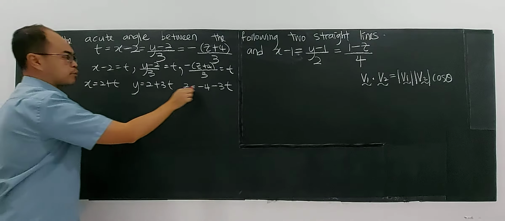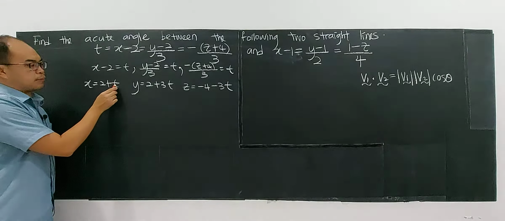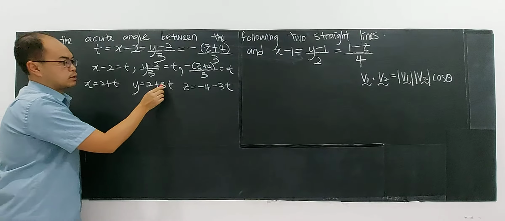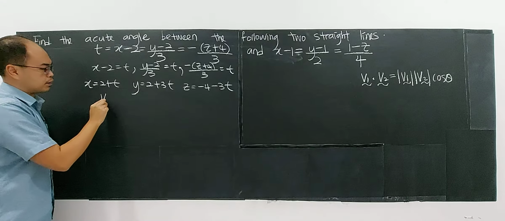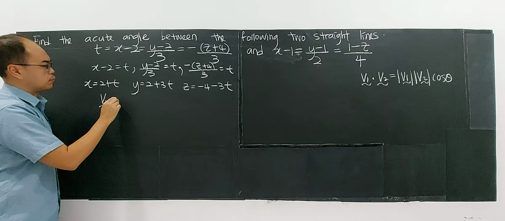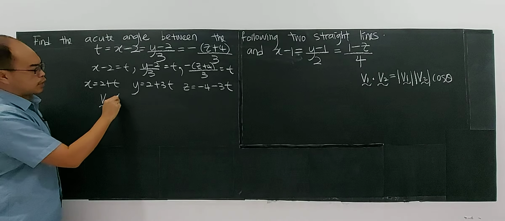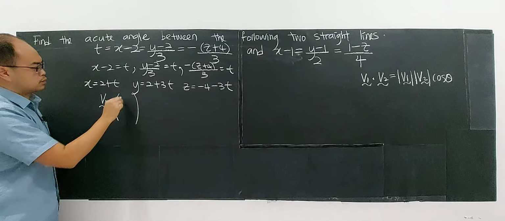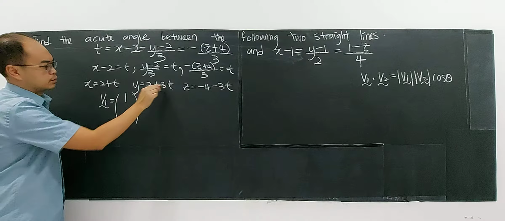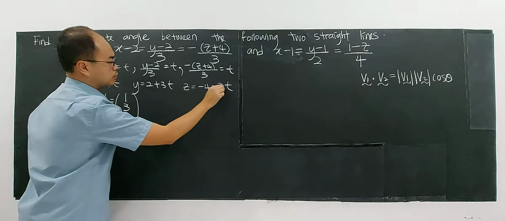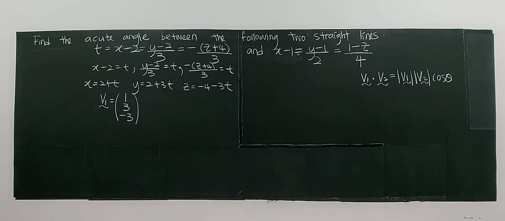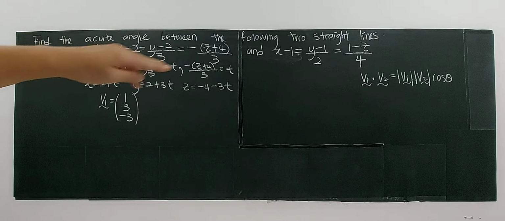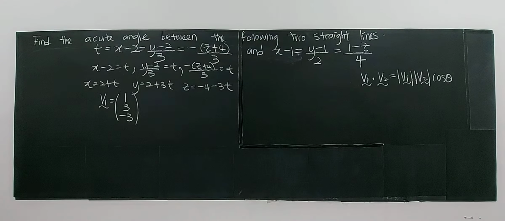From this parametric form, you can get the direction, because the coefficient of t is the direction of the straight line. So V1, in column vector form, is (1, 3, -3). This is my direction vector for the first line. Now let's get the direction vector for the second line.